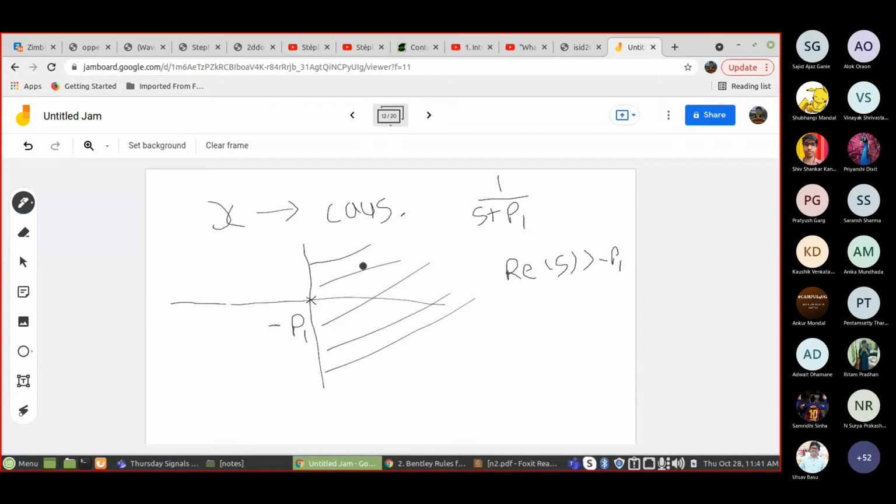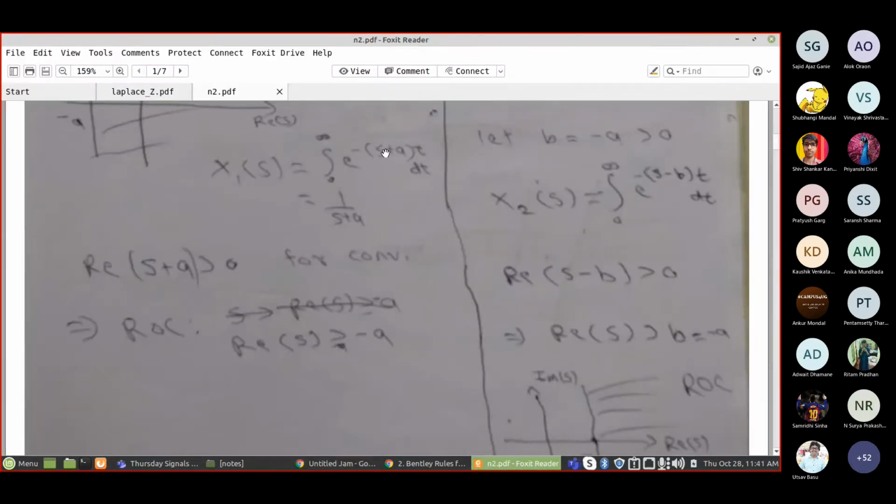So if we take any vertical line, for example here, which has, suppose this is sigma, and sigma is real, so sigma is strictly bigger than minus P1. Then you substitute that in here, you are going to get convergence.